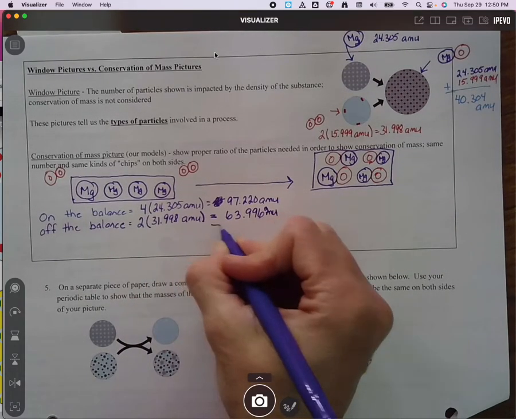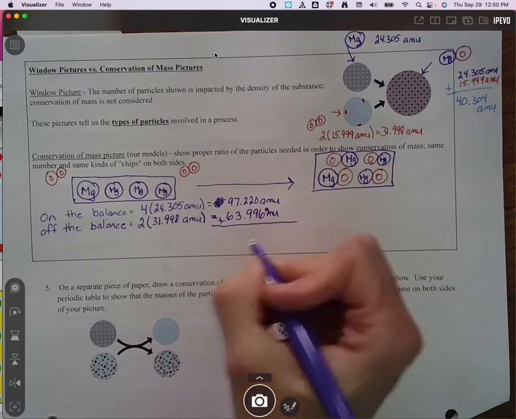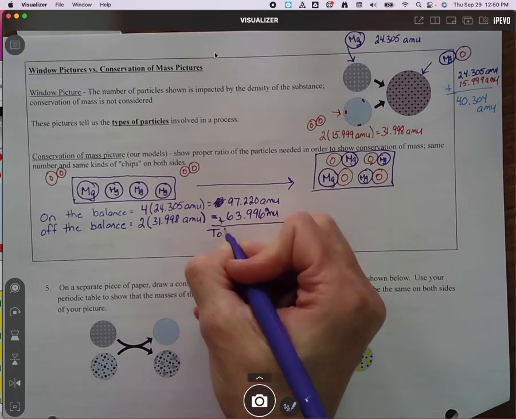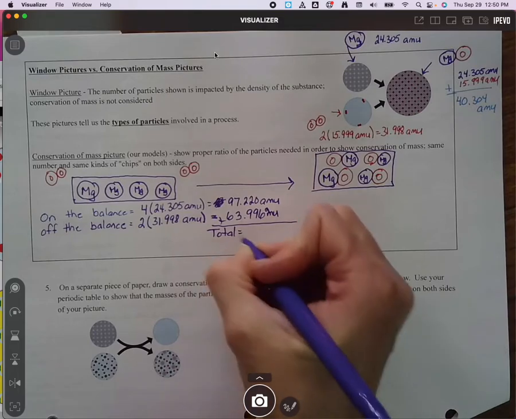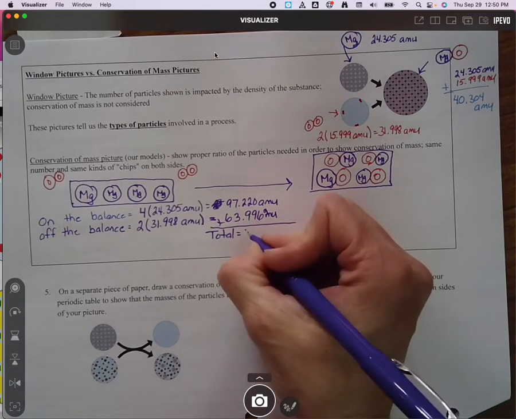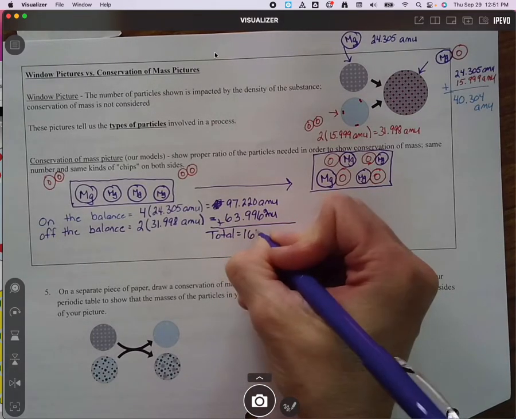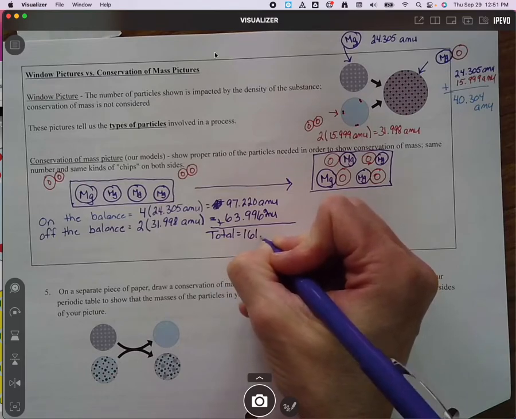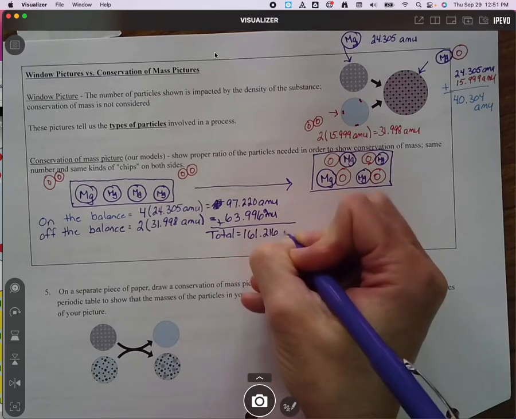And if I add up this mess, my picture has a total of 161.216 AMUs drawn into it.